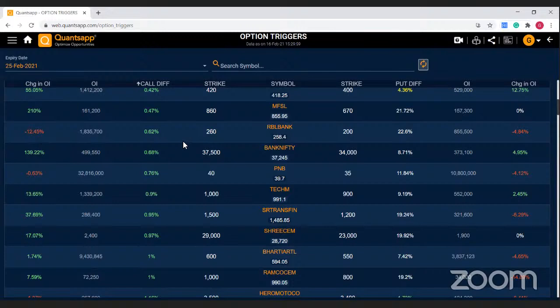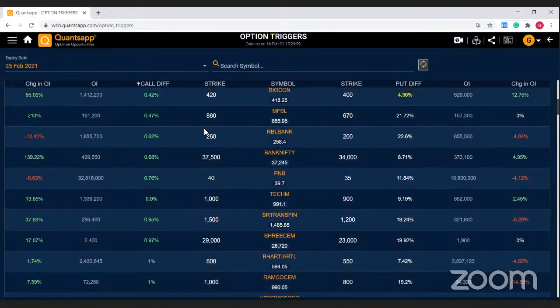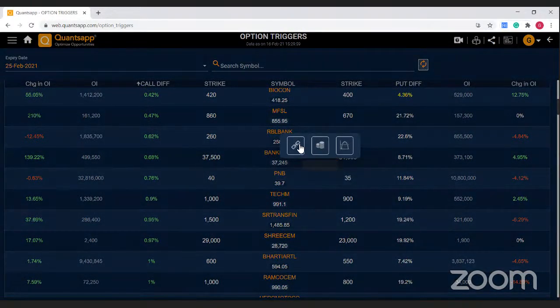So I should be looking into these things, how the call writers are looking into, because call writers are looking very jittery here, which gives me an indication that okay, there could be a further possible price movement which could be seen here. Then further, you can also open the option chain, open interest, and option gain.